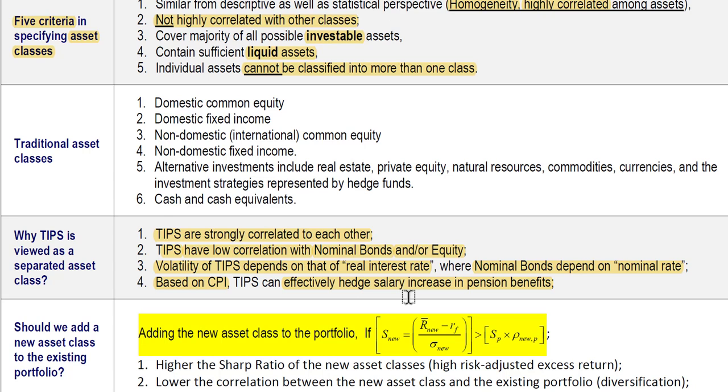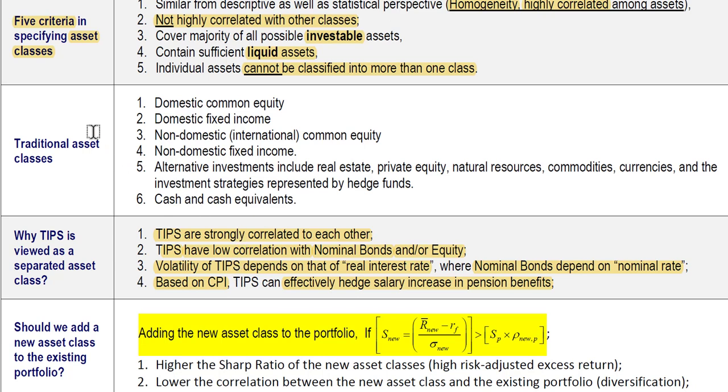So if you're using the nominal bond, the increase of salary does not really help to increase the real return. However, if you use TIPS as a vehicle to manage your pension fund, since it's based on the CPI adjustment, TIPS provides the most effective way to get the true return. All right, so that is another interesting thing.